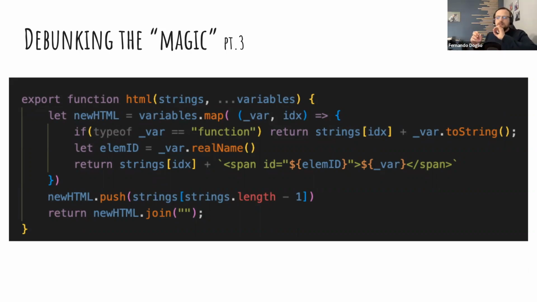That means we're taking the previous section of HTML, everything that came before that variable, and we're concatenating the span element again with the ID being the unique ID, and then the value. I'm also adding there the actual value of the variable, and that's it. That's what I'm returning. I'm actually mapping it, so I'm creating a new array of HTML, but inside this new array we have the span elements.